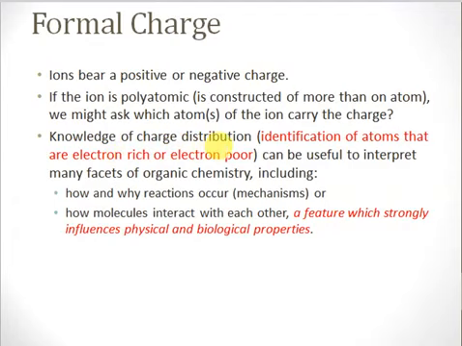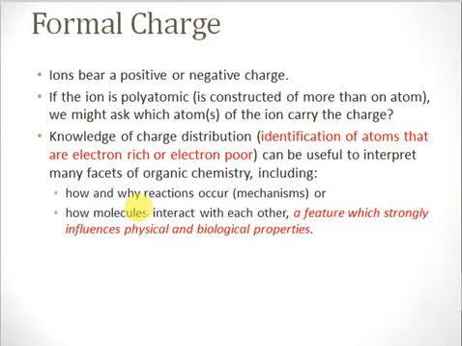So this concept of electronic distribution is very important in order to interpret many facts of organic chemistry, including how and why reactions occur. This study of how and why reactions occur is known as the mechanism. Second, how molecules interact with each other, right? Which is deficient and which is rich, and what are the physical interactions or attractions between different molecules.